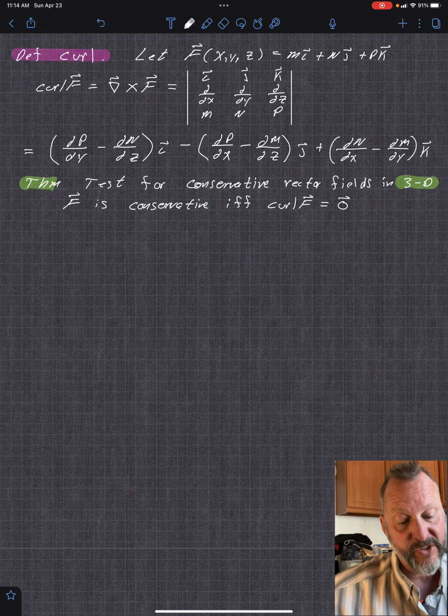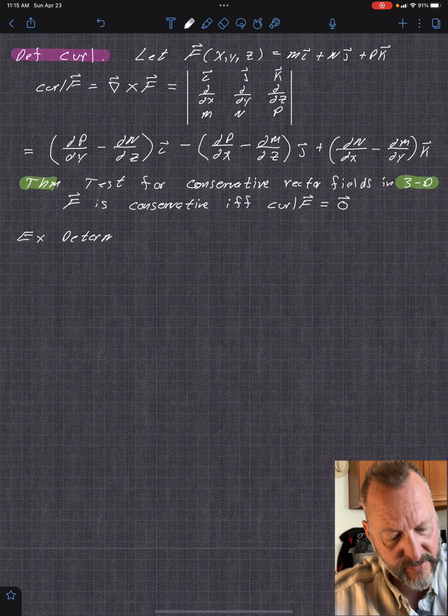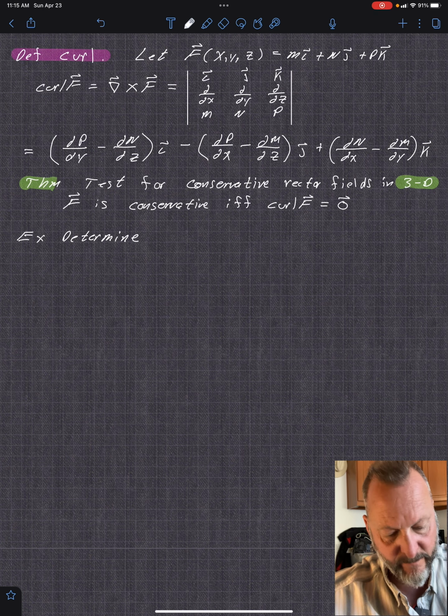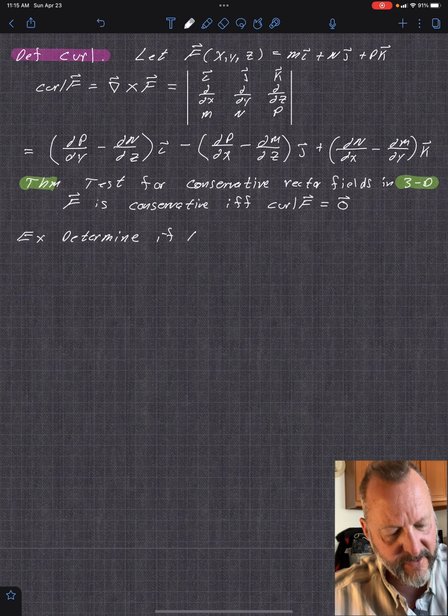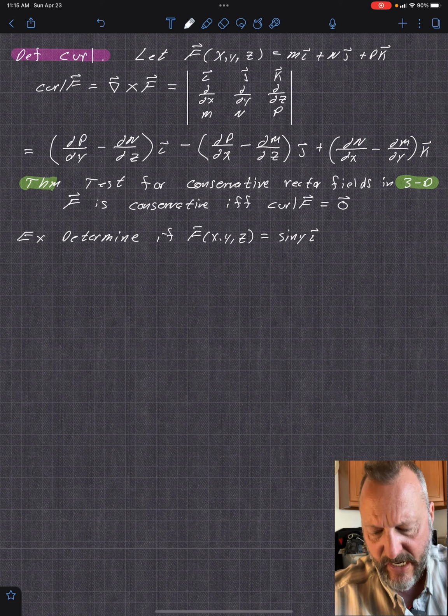So determine if capital F of x, y, z equal to sine y i minus x cosine y j plus k is conservative.